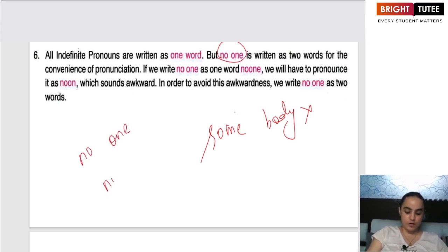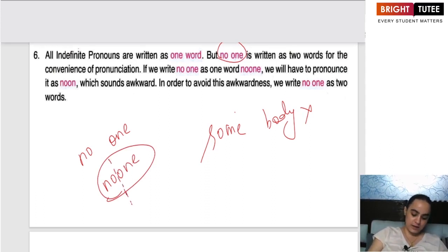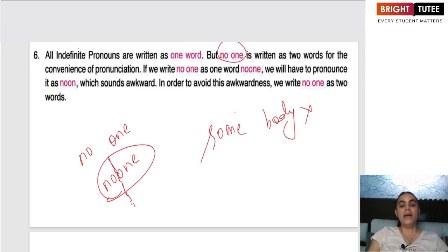Because if we join these two words, how can you pronounce it? Noon is the pronunciation of it, right? Since the pronunciation when we join these words is a little weird and awkward, we break these words and they are always used as two separate words rather than one. So these, my dear students, were the indefinite pronouns.